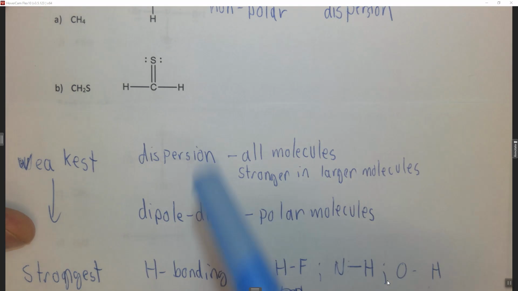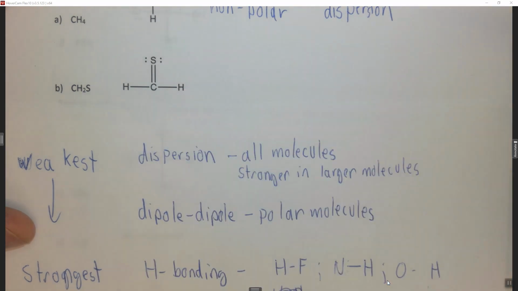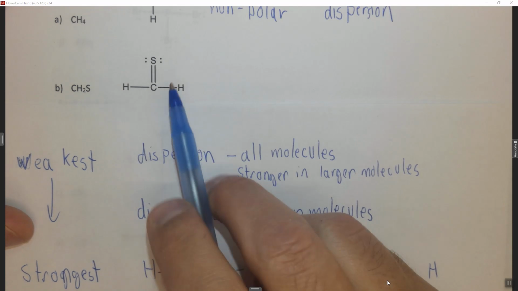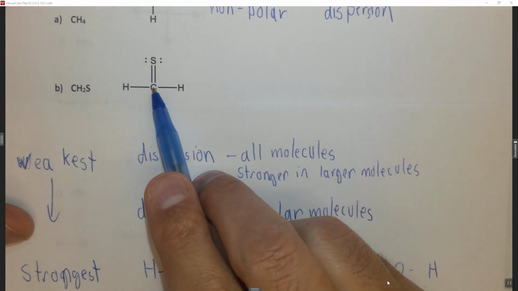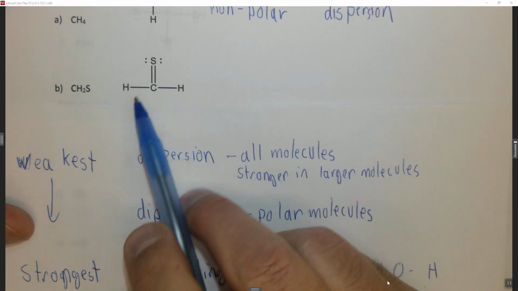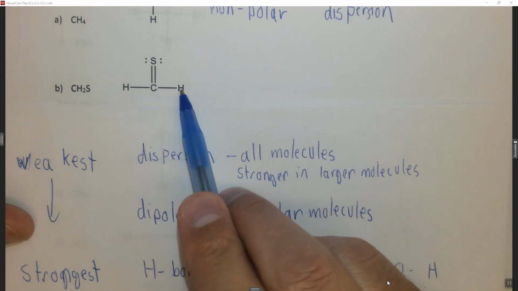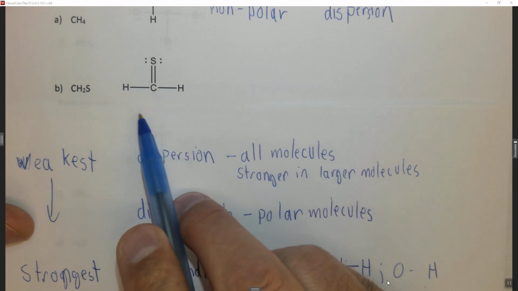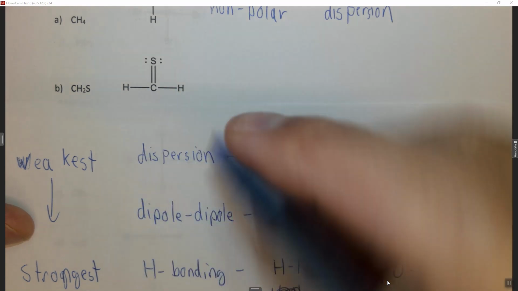All right, the next one is CH2S. Again, you want to first draw the Lewis structure. Now, when we're looking for polar molecules, we look at the central atom, and we want to see if all domains are the same. Remember that domains are atoms and lone pairs. So in this case, 2 of the domains are hydrogen, and 1 of the domains is sulfur. So not all domains are the same.